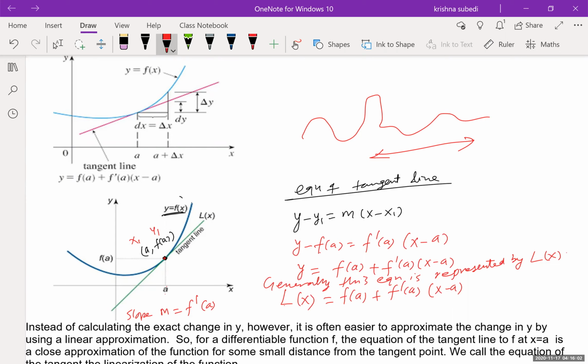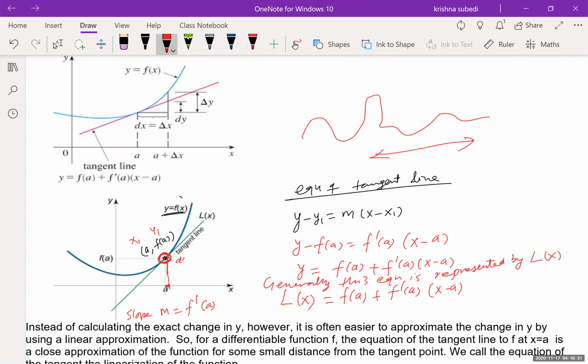And then the idea here is that the value of the curve and the value of the tangent line around this neighborhood, if our neighborhood is very small, okay, delta x, for example, from a to a plus delta x is, let's say, this much, very small, then in that neighborhood, the value of the tangent line and the value of the function are approximately the same.